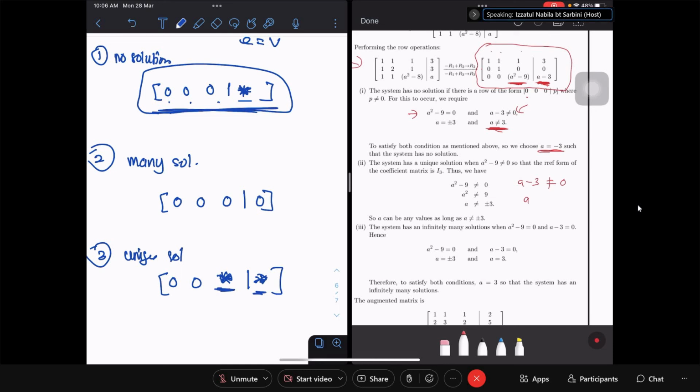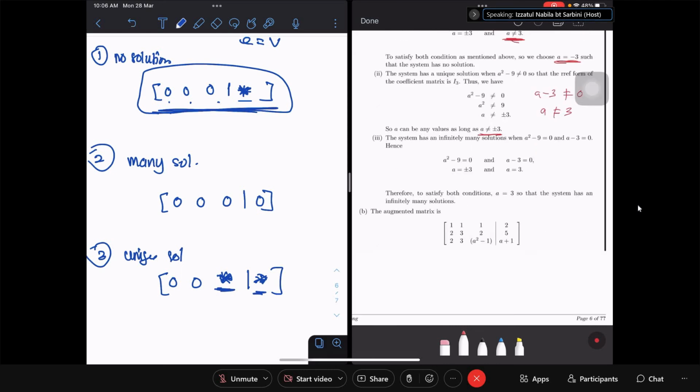So a cannot be 3. So our conclusion is, for this system to have a unique solution, a cannot be plus minus 3. Okay, untuk sistem ni ada unique solution, a cannot be equal to plus minus 3.